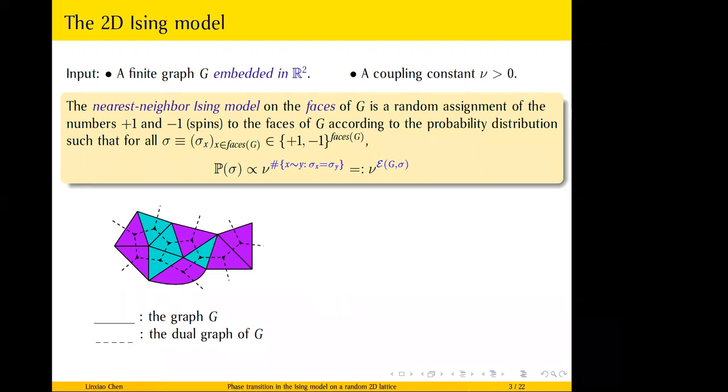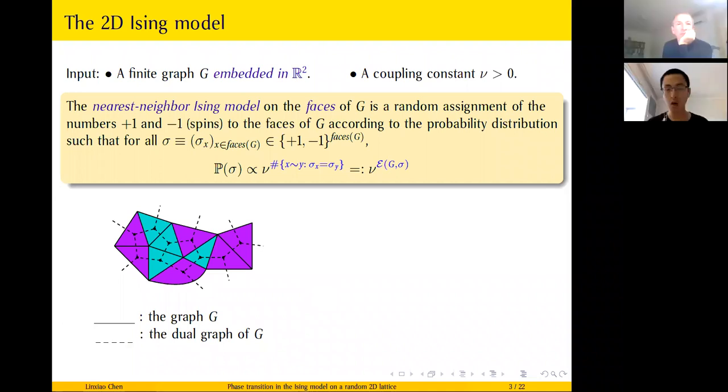Here we will consider the nearest neighbor Ising model on the faces of the graph G. So here is a drawing. A configuration of the Ising model is an assignment of the number plus 1 or minus 1, which we call spins, to the faces of the graph G.